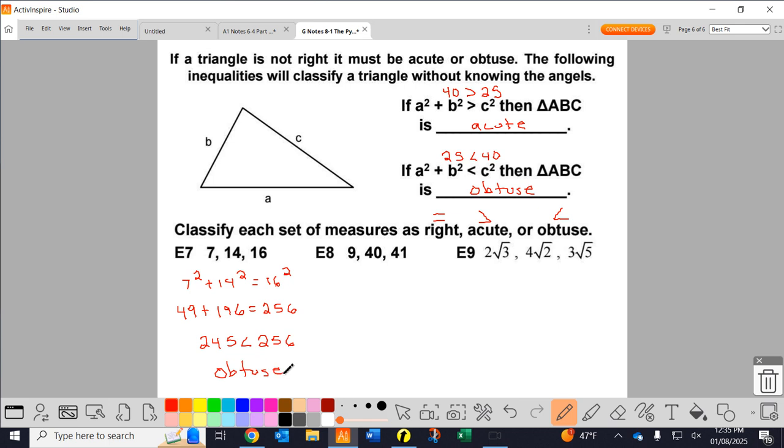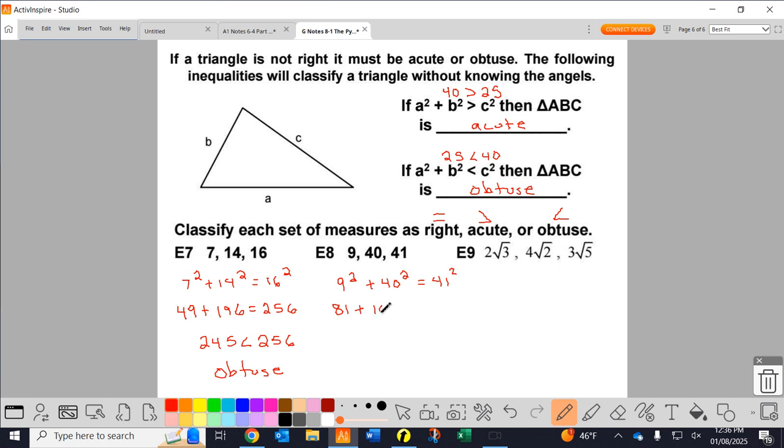Let's do that again. 9 squared plus 40 squared equals 41 squared. Let's see, do I know these? 9 squared I know is 81. 40 squared: 4 times 4 is 16 plus the 2 zeros, 1600. And I don't know what 41 squared is.